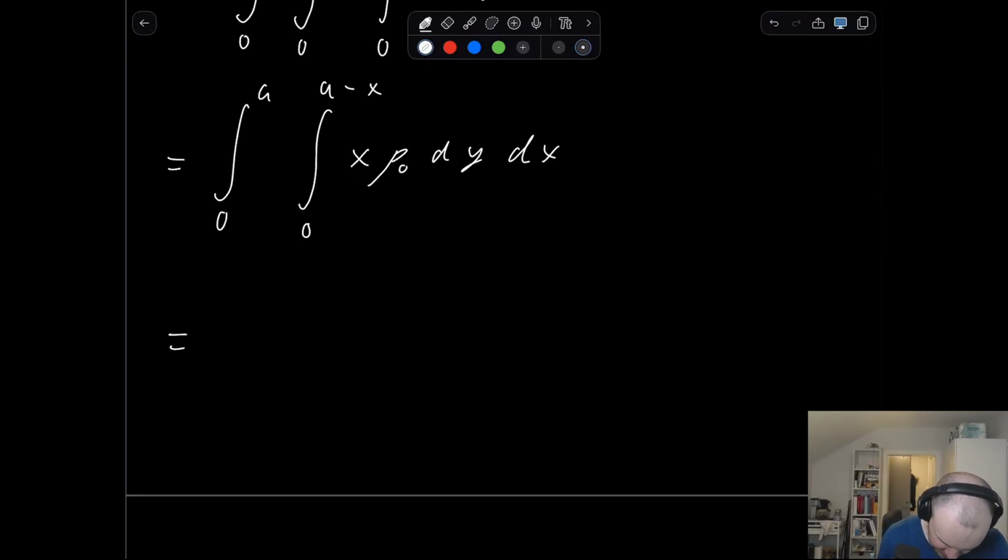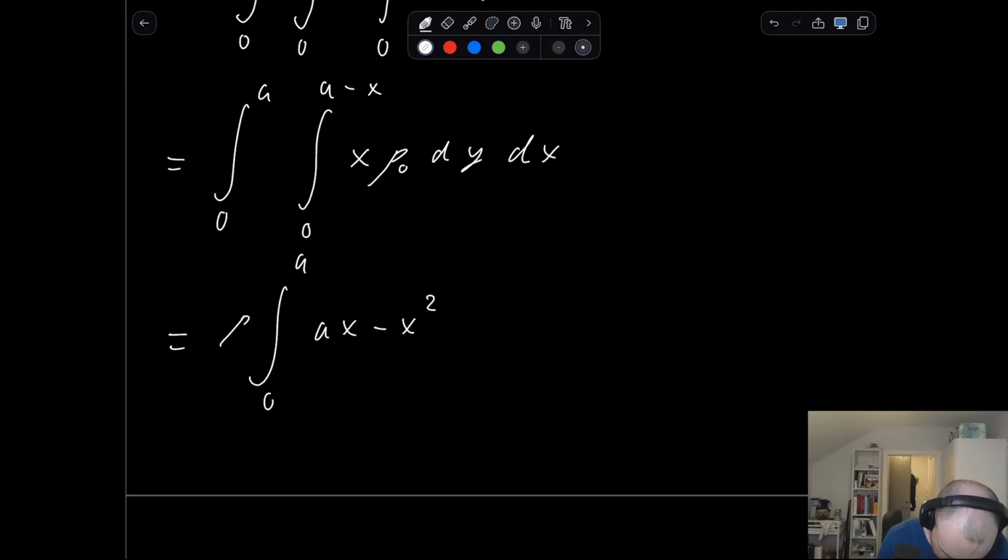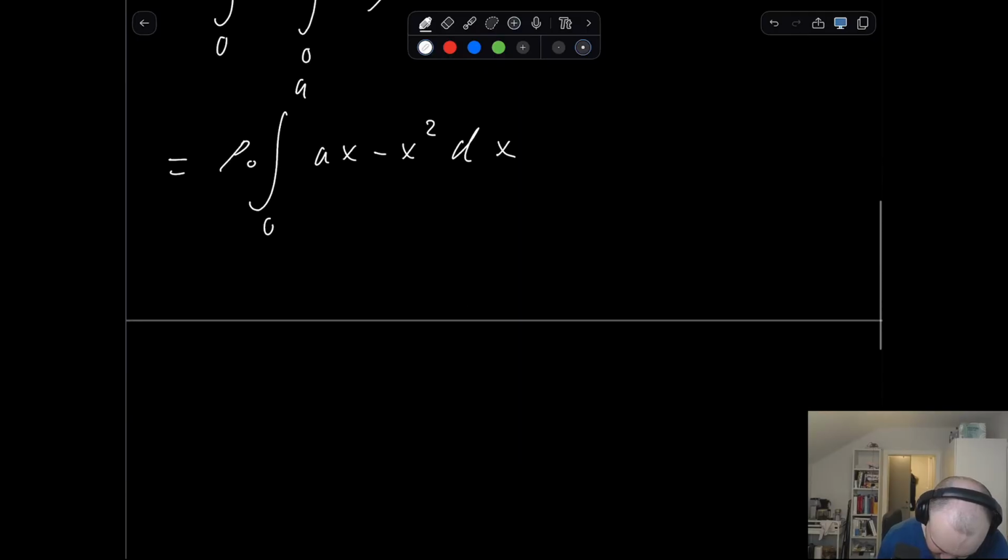Then we can do it here again. There's no y, so it will be just a minus x. We can do that in our brain, so we just get a times x minus x squared, of course. And just to make this a little more neat, I can put rho 0 in front, dx like that. And of course, if we now do the integration, this also is pretty easy.